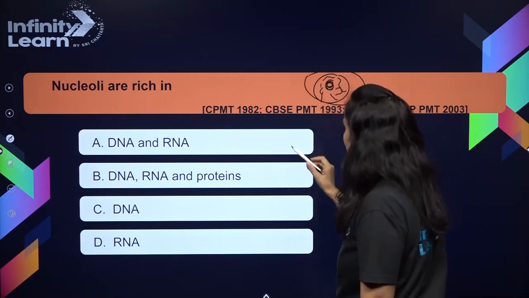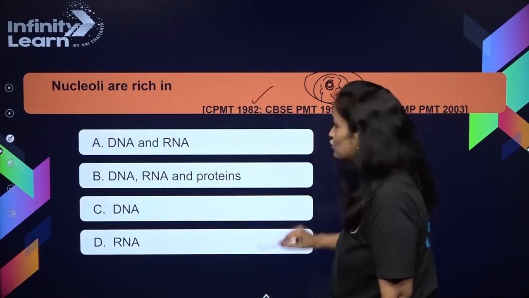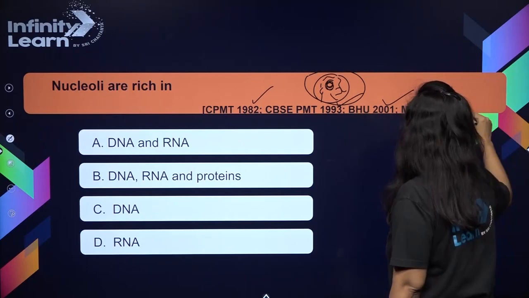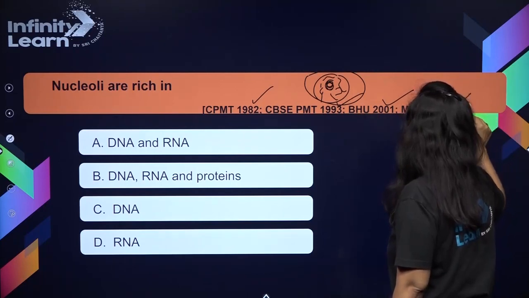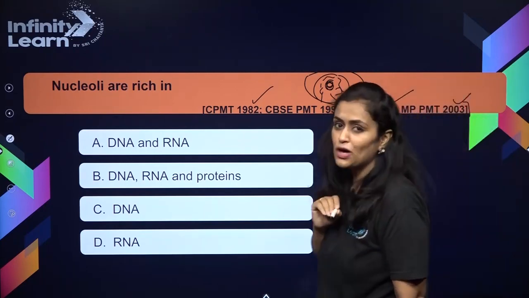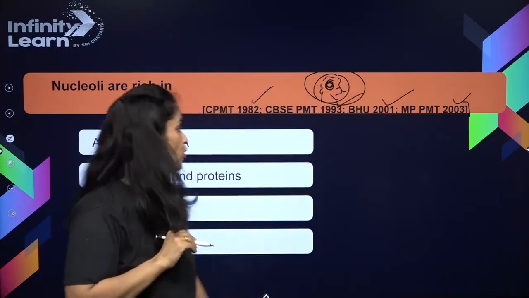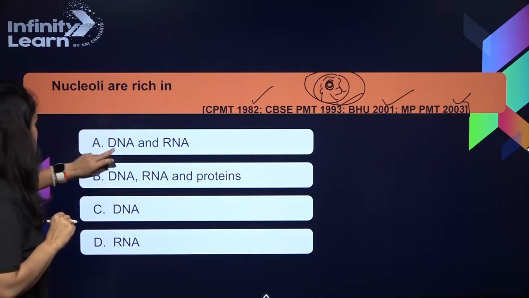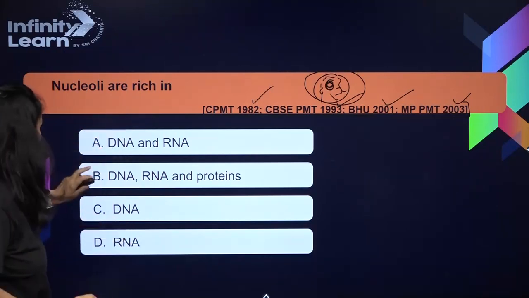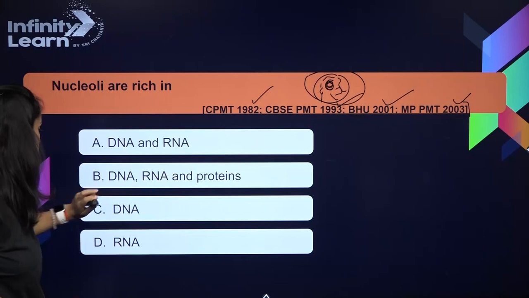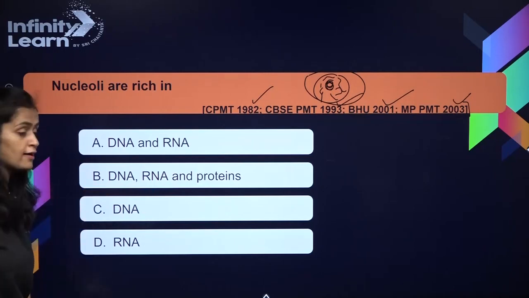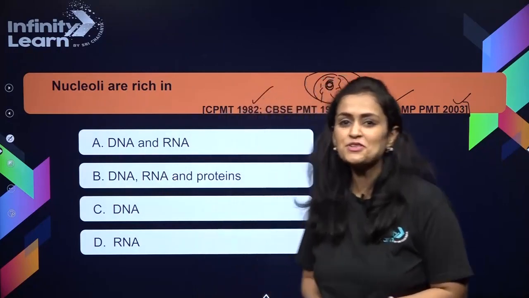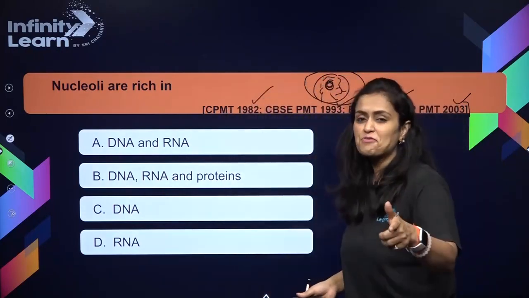It is a PYQ of 82, 93, 2001 BHU and 2003 as well. So tell me now, nucleoli are rich in DNA and RNA, DNA, RNA and protein, DNA only or RNA only? I'm not going to give the answer. You are supposed to give this answer in the chat box.